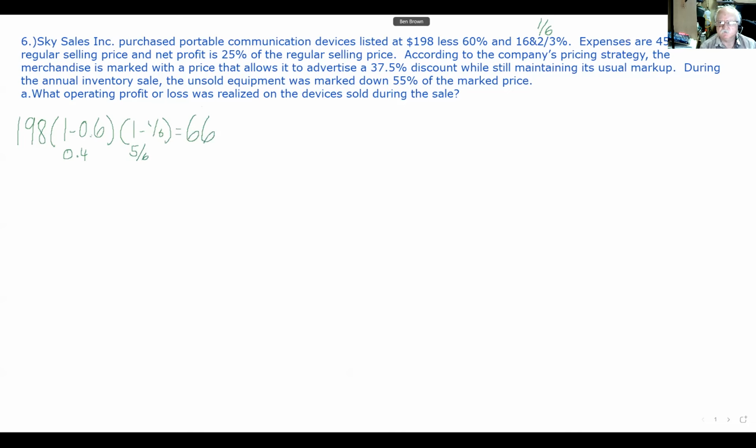Expenses are 45% of the regular selling price, and net profit is 25% of the regular selling price.